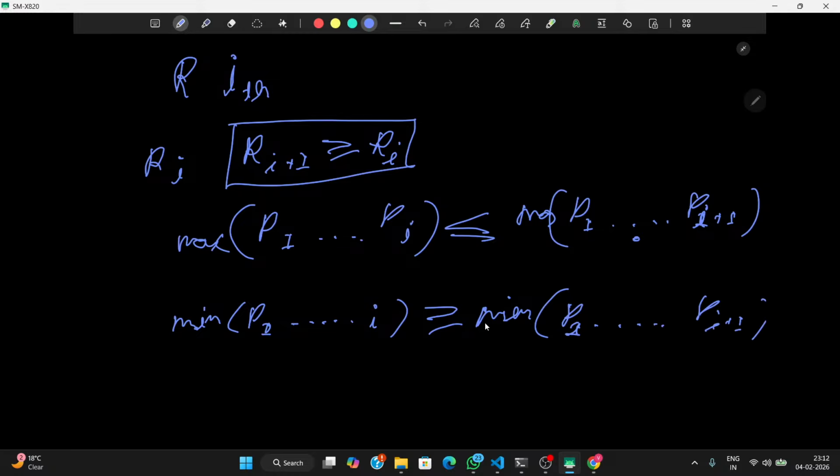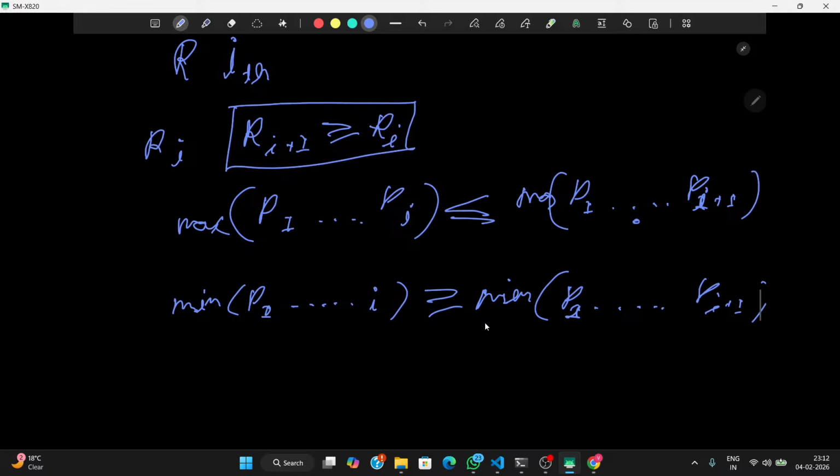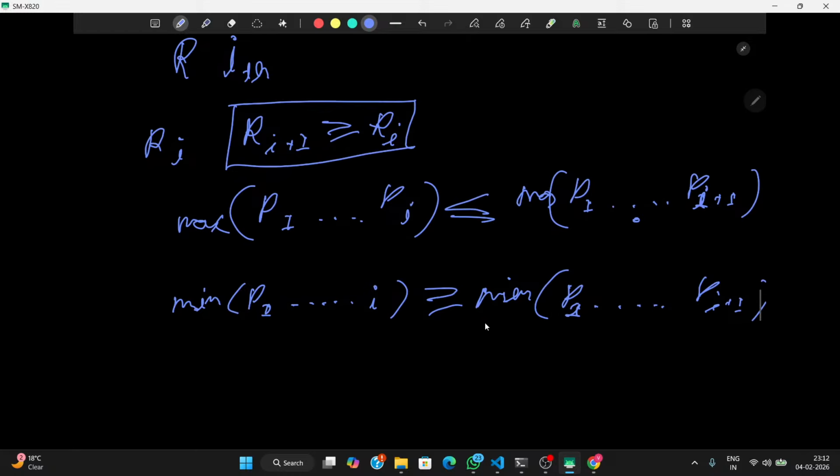How can we say this? The minimum of the first I elements will always be there in the subarray of P1 to Pi, and we are adding P of I plus 1 also here. So the minimum will always be less than or equal to the previous minimum, right?